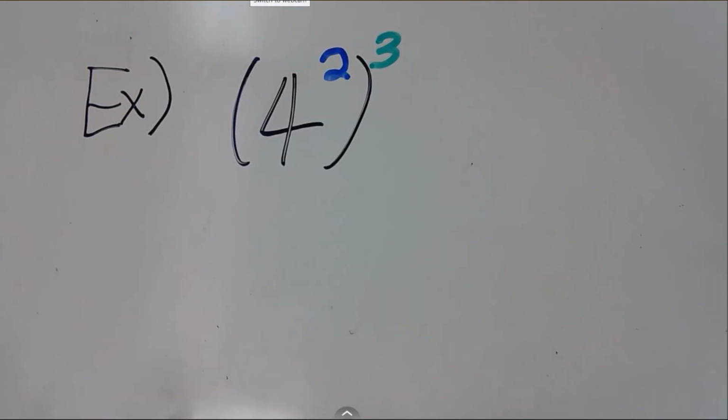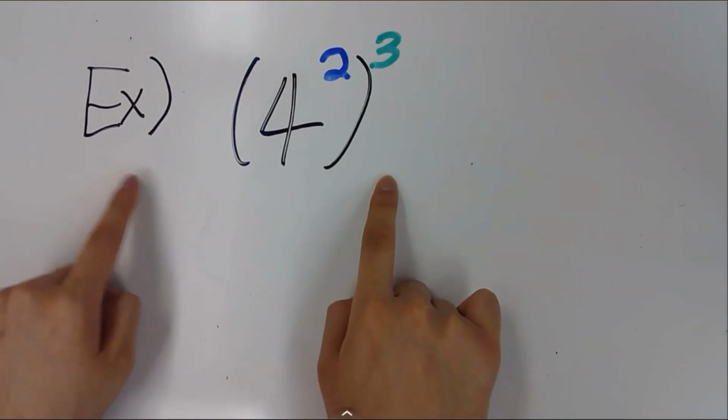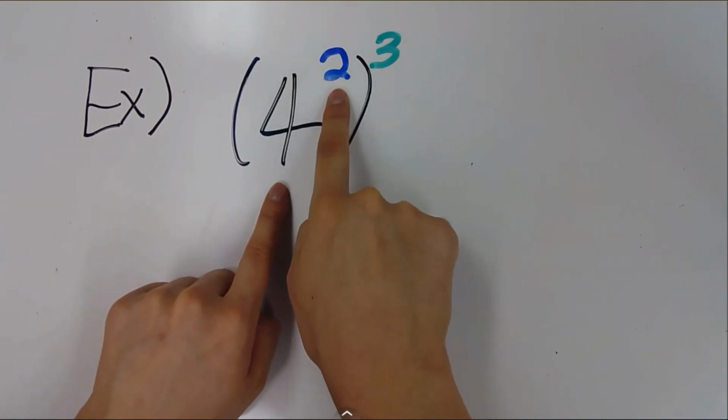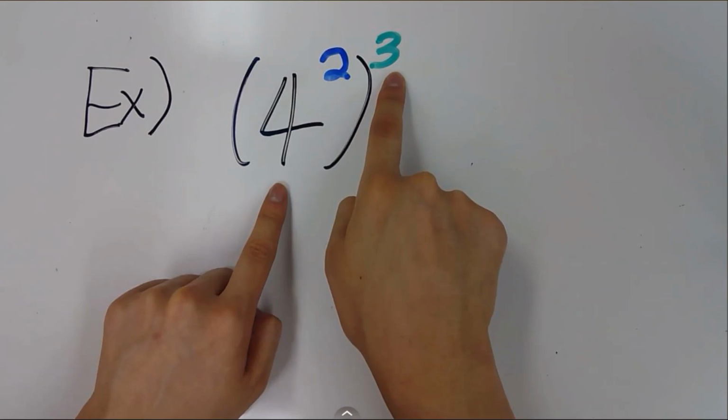Okay, so now that you know more about the vocabularies that I will be using, you're more ready to learn about power of power. And what I mean by power of power is a situation like this example over here, where you have 4 to the power of 2, which is again being powered by 3.